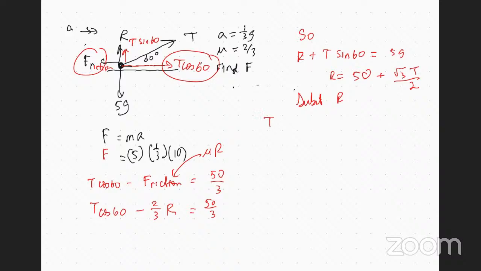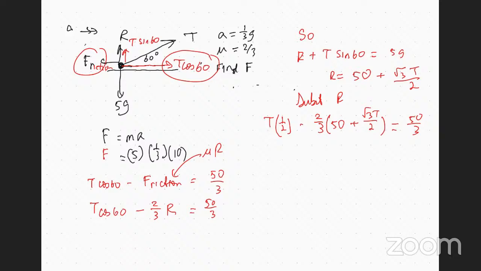So T by a half, minus 2/3 by 50 plus root 3 on 2 by T, is equal to 50 on 3. So I substituted for R, and all we have to do here is solve for T.